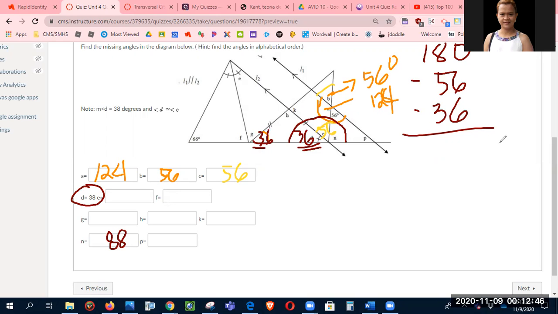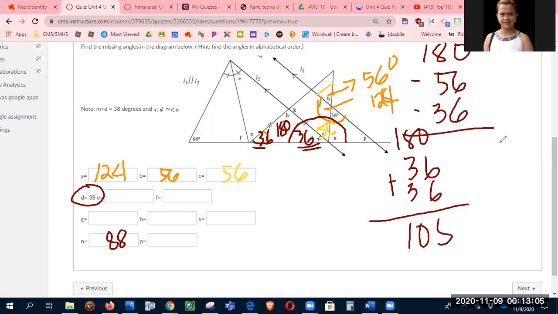If that's 36 plus 36, and the interior of a triangle is 180, then 180 minus 36 minus 36 will give you 108. So H is 108.